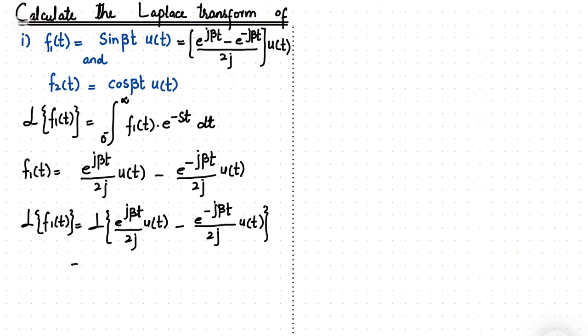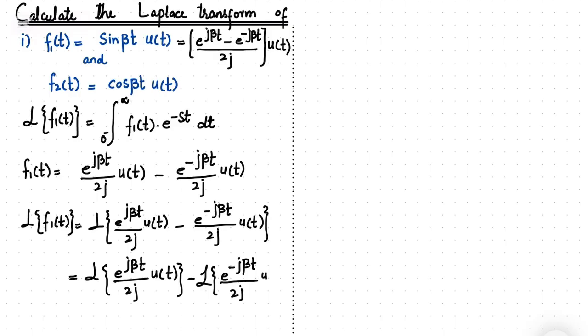Using the linearity property, we can take the Laplace transform of this thing minus the Laplace transform of this thing. So it can be written as the Laplace transform of e raised to power j beta t into u of t divided by 2j, minus the Laplace transform of e raised to power minus j beta t over 2j into u of t.